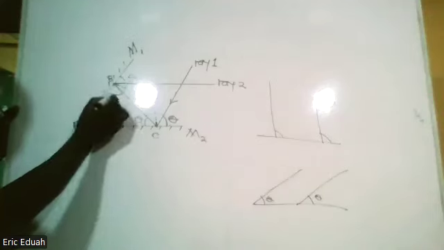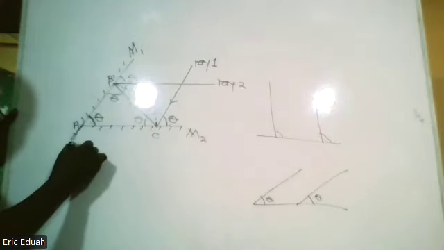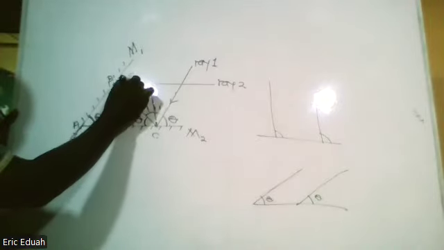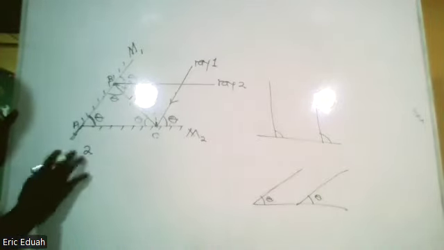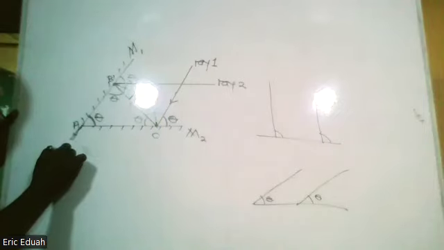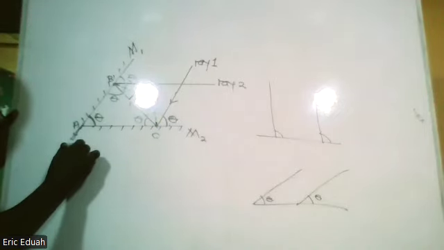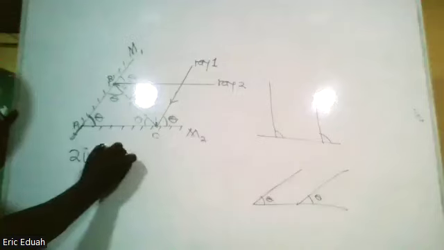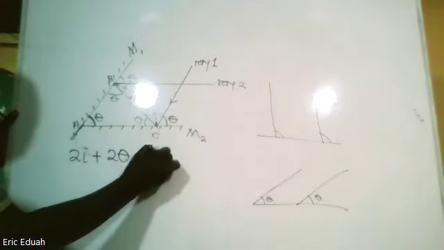Once this is 60, this is 60. So you have 2I plus 2 theta, which must give us 180.